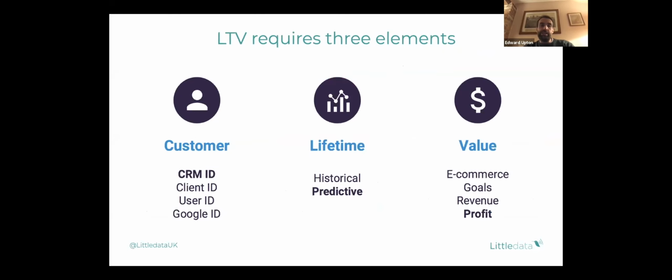So to really get to the lifetime value, we need to bring three things together. So first of all, we need to have an accurate customer identifier from the e-commerce platform that can enable us to stitch together events across different touch points, but all relating to the same customer.